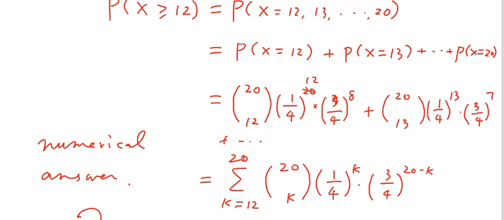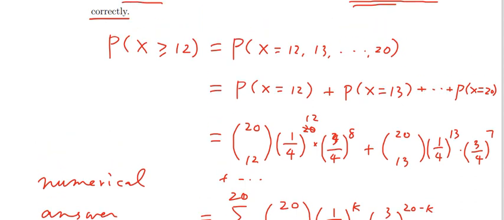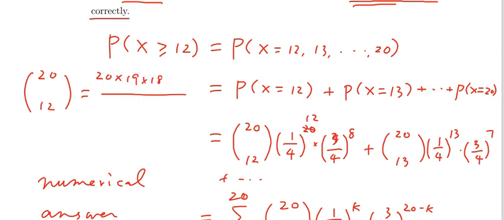For example, let's say x equals 12. What is this number, 20 choose 12? This number is too big. We multiply 12 numbers starting from 20, which is tedious.